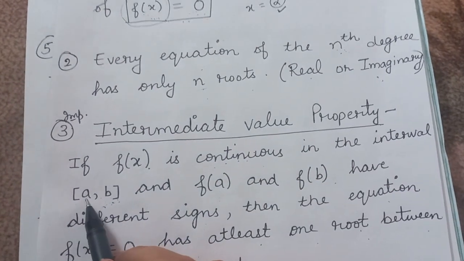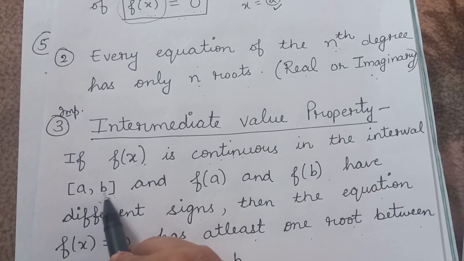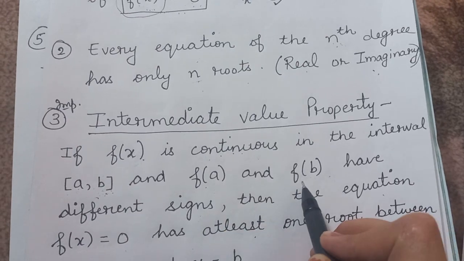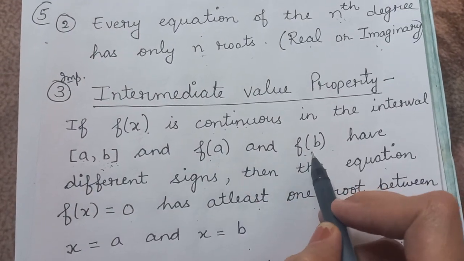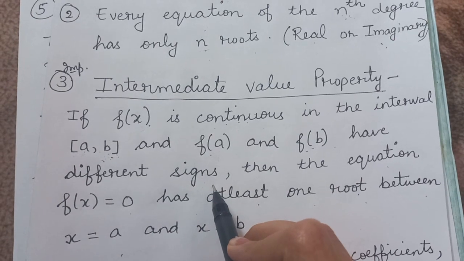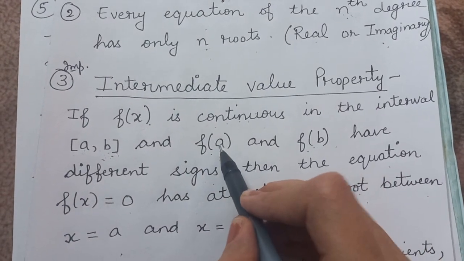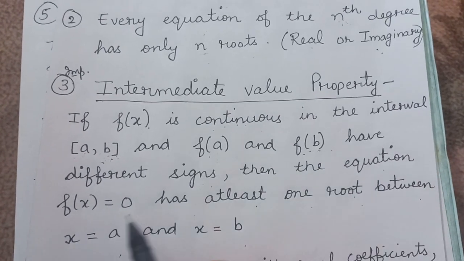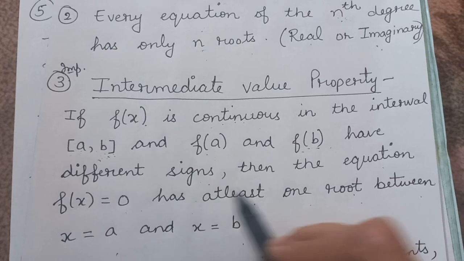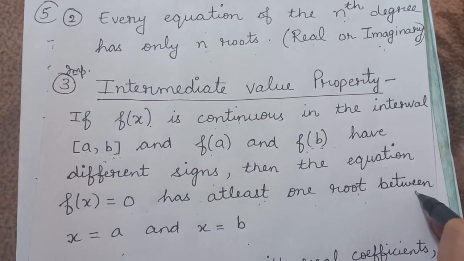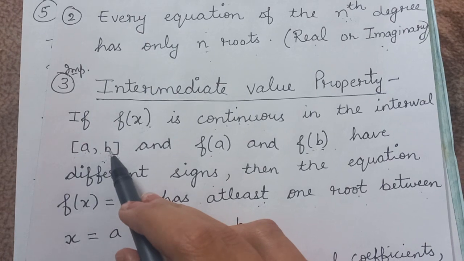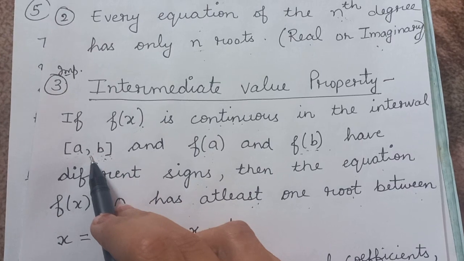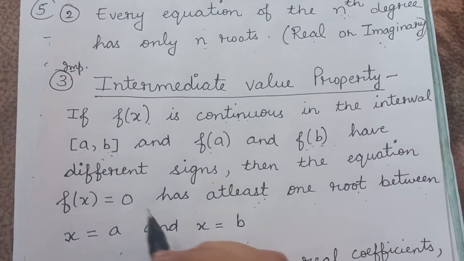Second, at this point a and b, if you put these two values of x in this f of x, like this, f of a and f of b, if these two values have different signs, different sign means if one is positive, the other is negative, then the equation f of x equal to 0 has at least one root between a and b. In this closed interval a comma b, there will exist at least one root of this equation.